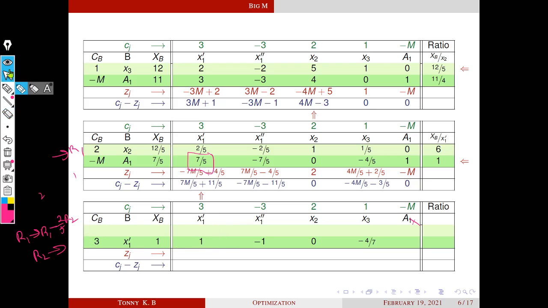This entry becomes 0. Okay, so this is the corresponding change.